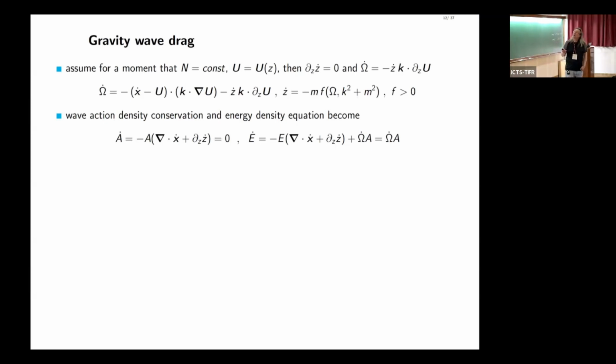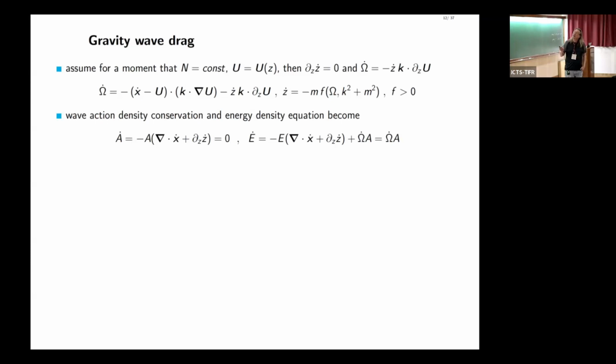Okay, the gravity wave drag. We make this a little bit more simple by saying N is constant, because then if you look at the z dot equation, the N dependency is here in the omega. And if N has no z dependency, dz dot by dz, the vertical group velocity has no vertical change. That comes handy in these relations, because then you can forget about these terms.